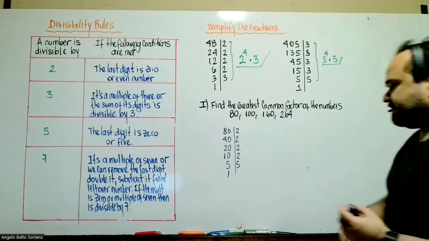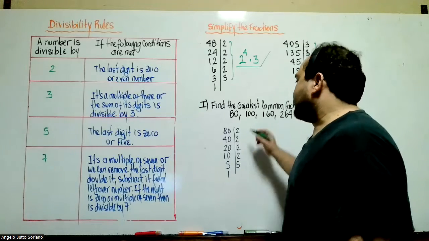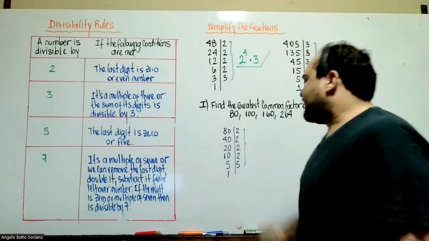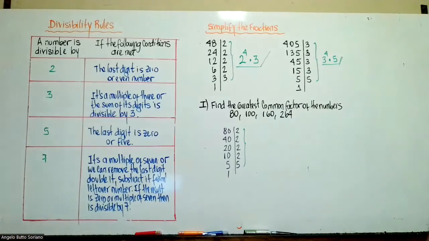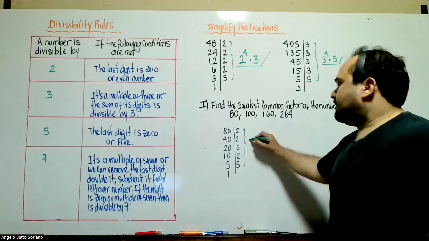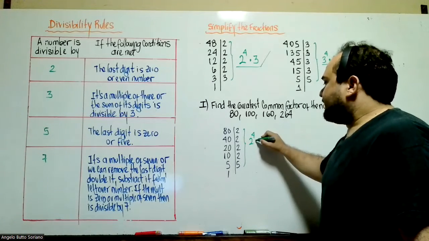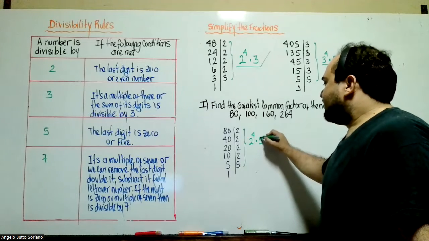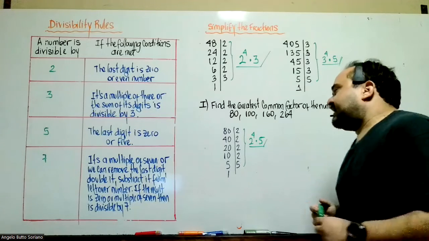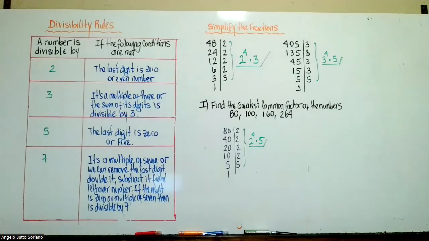Okay, simple. Let's summarize this expression. How many times is the number 2 repeated? It repeats 4 times, okay? 2 to the 4th power multiplied by 5. We have the factors of the number 80.